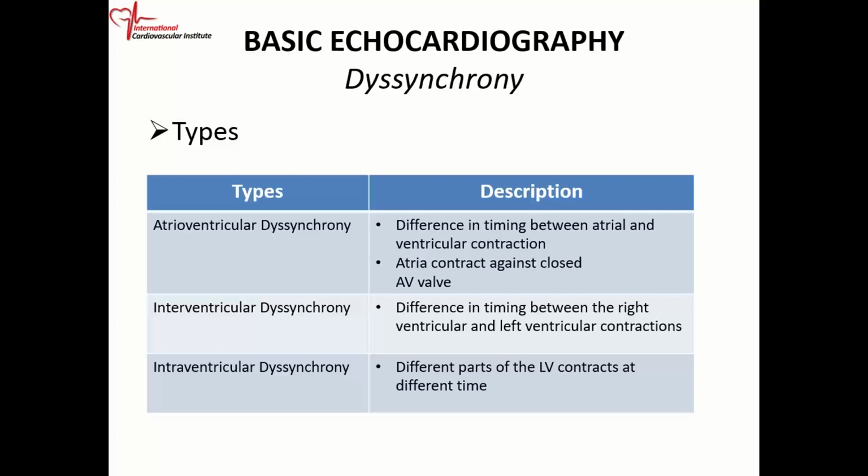Then the right atrium fills with blood. The tricuspid valve opens, blood rushes into the right ventricle, and then later on, the right atrium contracts and forces an additional amount of blood into the right ventricle. That's what's supposed to happen.